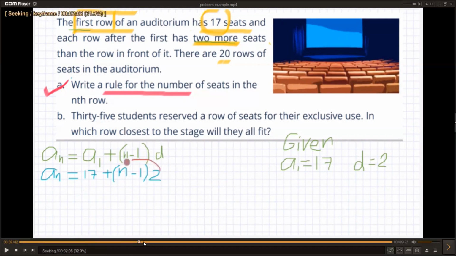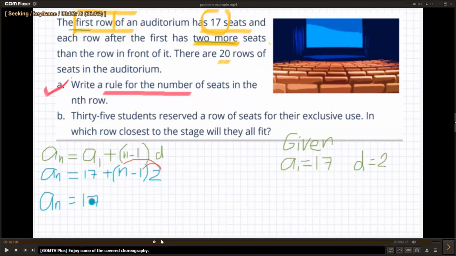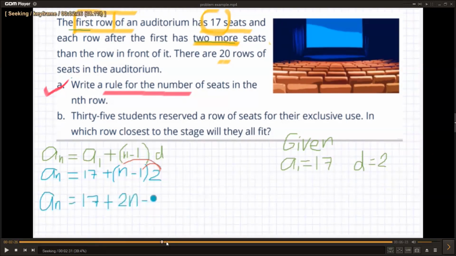Then, what we're going to do is work on the parentheses first. So we multiply n minus 1 times 2. By using the distributive property, we have 17 plus n times 2 is 2n, and negative 1 times 2 is negative 2. Then we work on the equation by combining like terms.